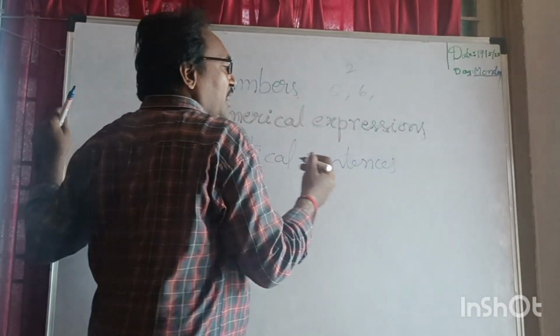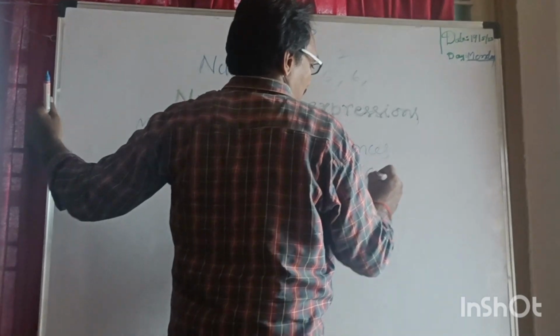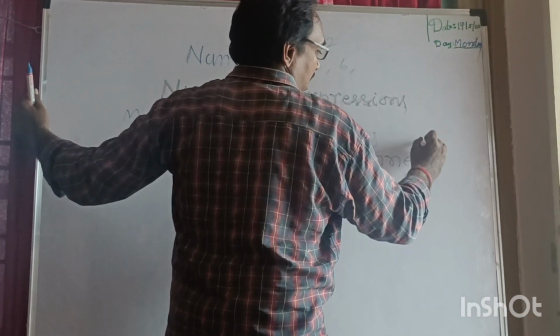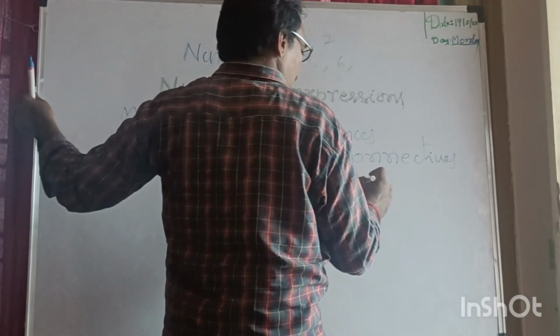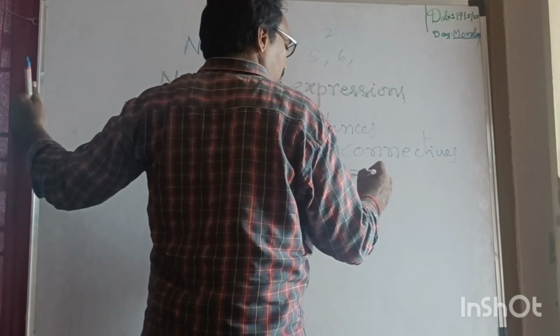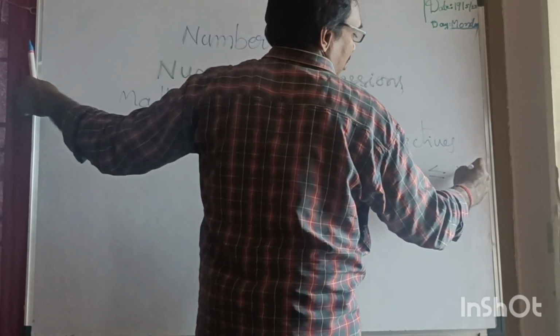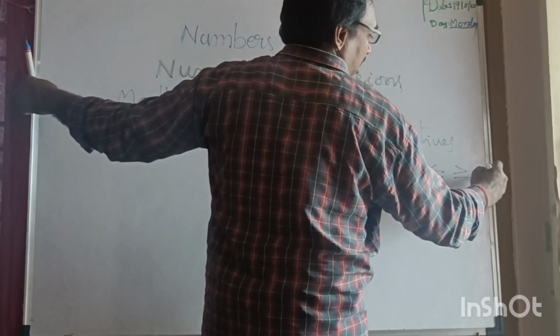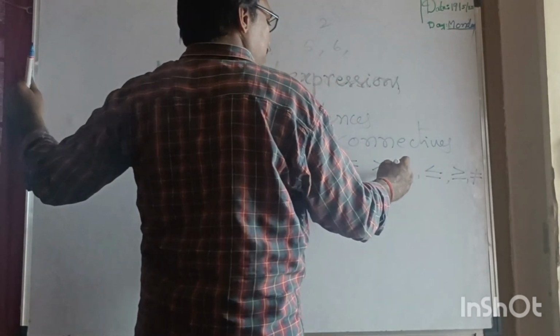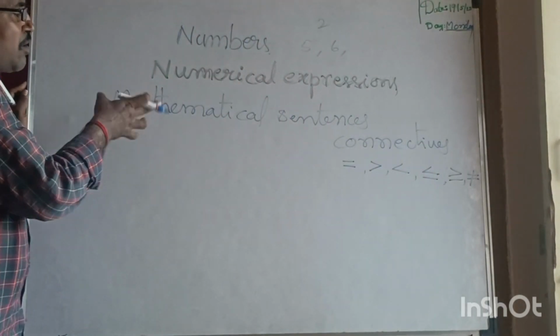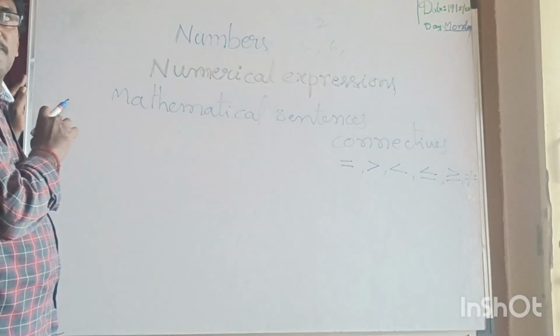Sentences means connectives are added to numbers. So we have is equal to, greater than, less than or equal to, greater than or equal to, not equal to. Using this type of symbols, we connect two or more numerical expressions.